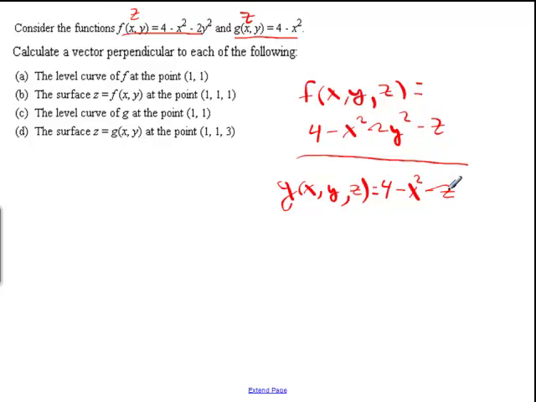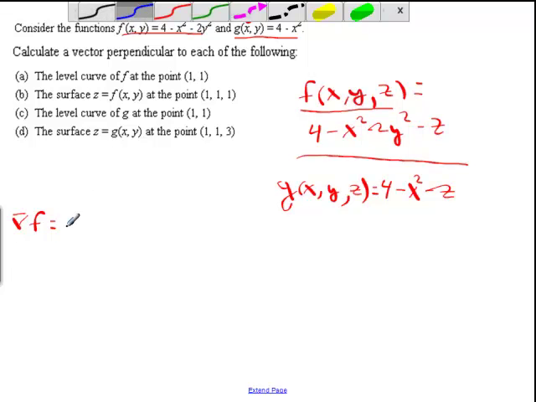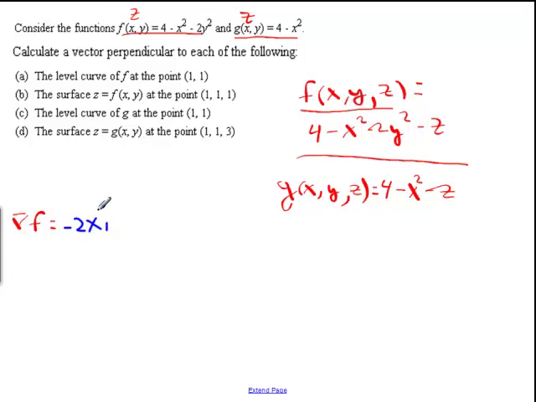So we could get the gradient vectors for each of these. Gradient f, looking at the three-dimensional piece, is negative 2xi minus 4yj minus k, and gradient g is negative 2xi minus k.